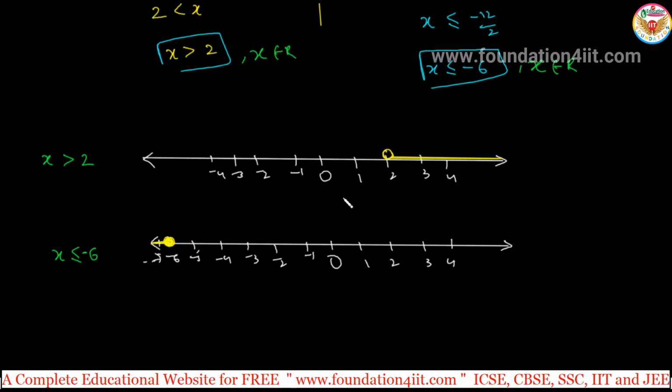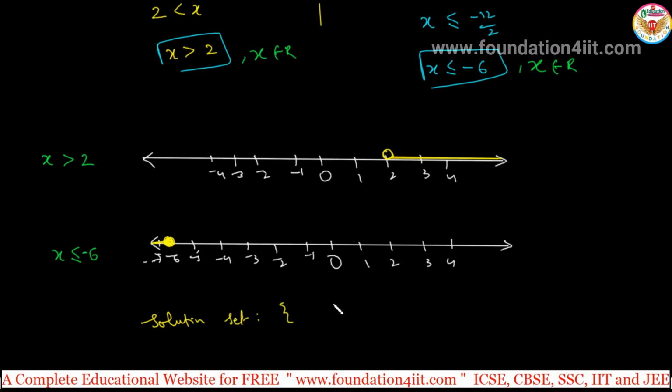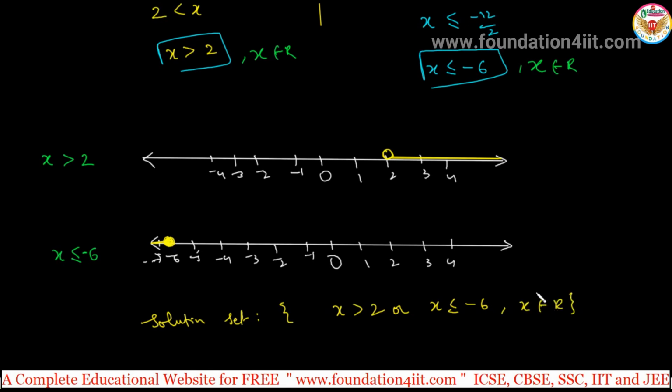So there is no common solution, if you notice. So the solution set you can write separately. Together you can write x is greater than 2 or x is less than or equal to minus 6, where x belongs to real numbers.